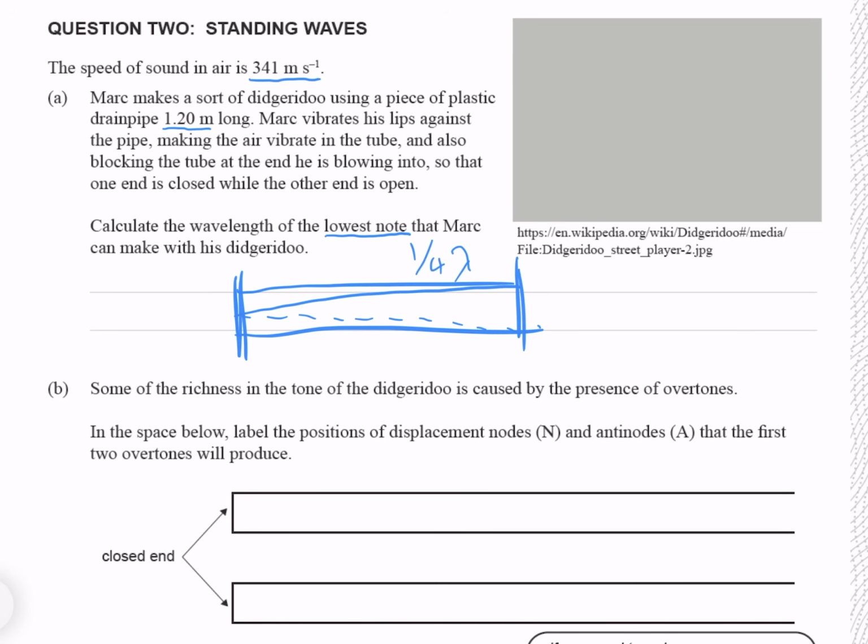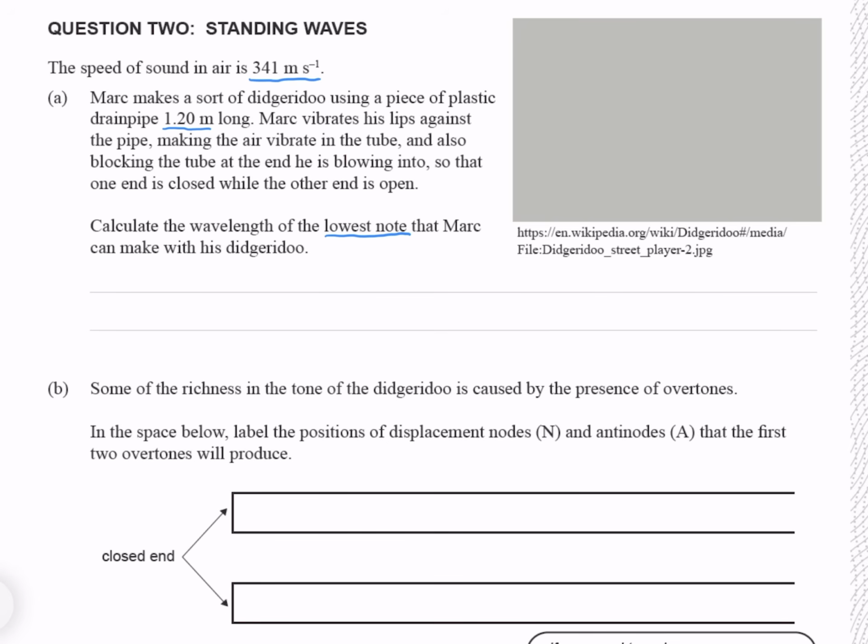If you think about a wave as being like that, what we're looking at here is really just this section here, which is 1/4 of the total wave. So that tells us that the length of the pipe is a quarter wavelength, or alternatively multiplying both sides by 4, the wavelength is 4L. We know the length of the pipe is 1.2, so that gives us 4.8 meters.